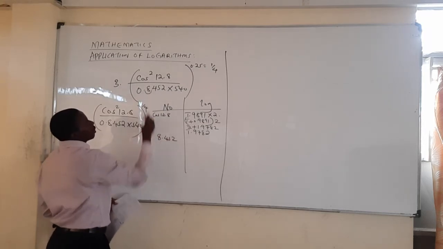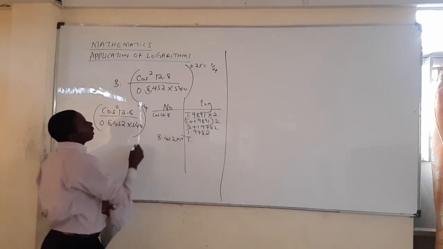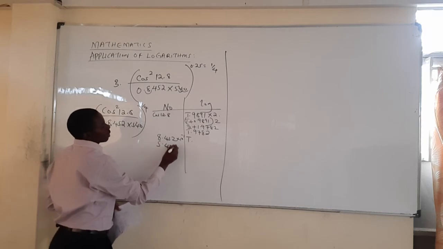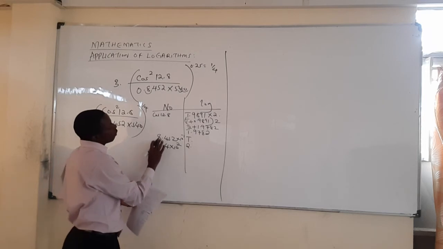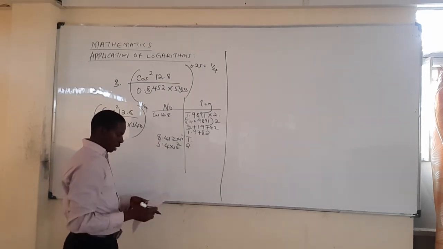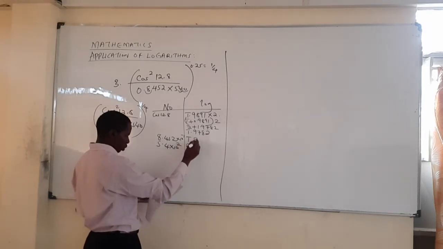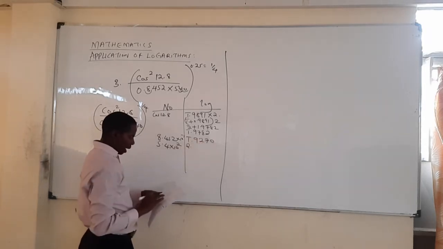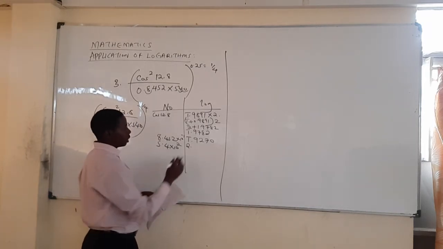Then come to the denominator, you have 8.452 written in standard form times 10 power minus 1. This is going to be 1 point. Then 540, 5.4 times 10 power 2. So that is going to be 2 point. Then we take the log of 8.452, and that is going to give us bar 1.9270, and then the log of 5.4, that is 0.7324.